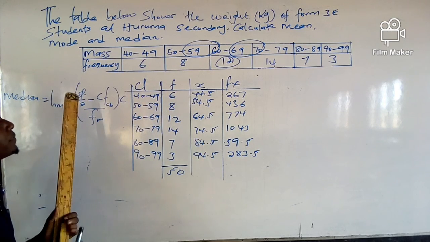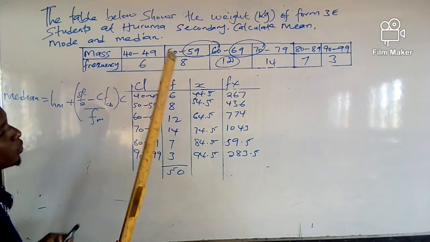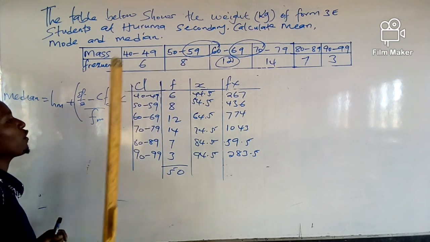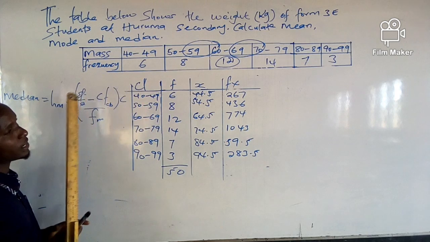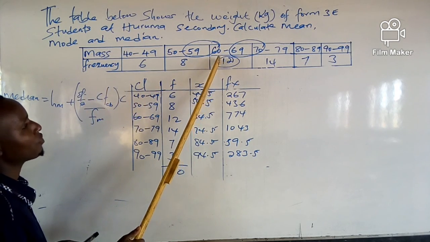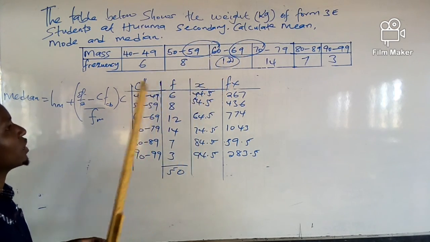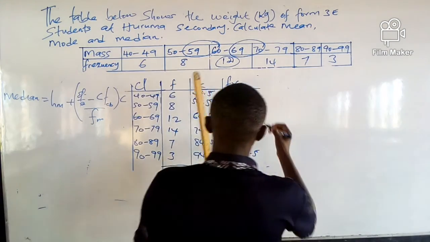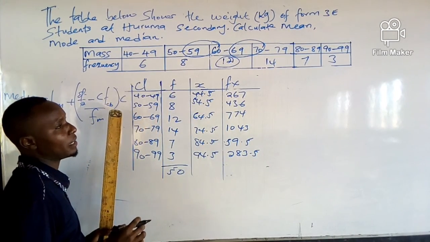So we add and see where 25 and 26 are accommodated within the frequencies. 6 plus 8 is 14, plus 12 is 26. So the 25th and 26th members are in this frequency, which is 12. So our median class is 60 to 69.